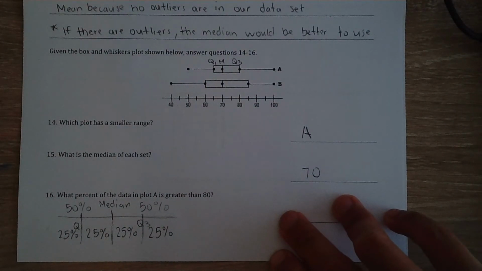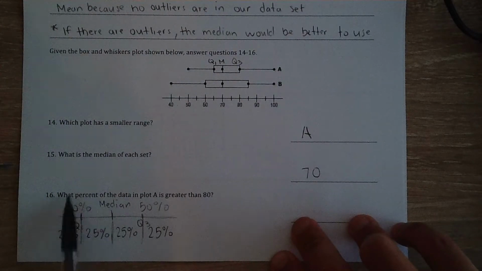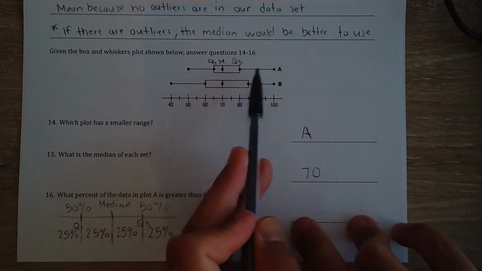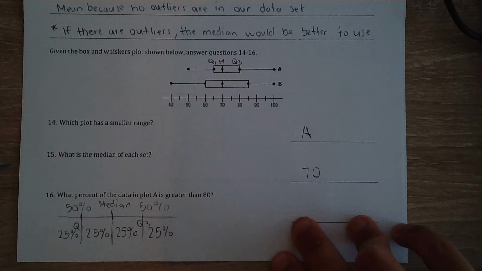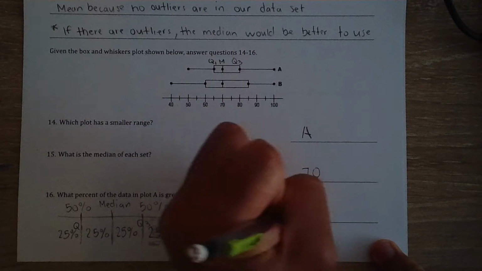And that just so happens to be what they're asking about. It's asking for what percent of the data in plot A is greater than 80. So what percent is to the right of quartile 3? Well, basically we answered it with our diagram here. To the right of quartile 3 would be 25%, or all of this. Nice, so 25%.